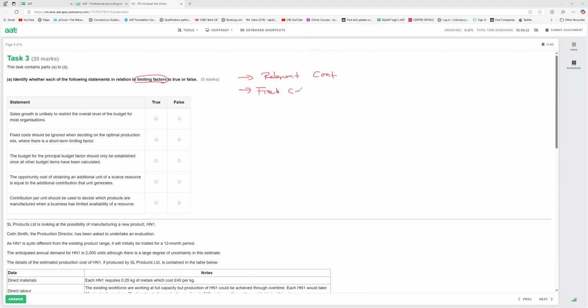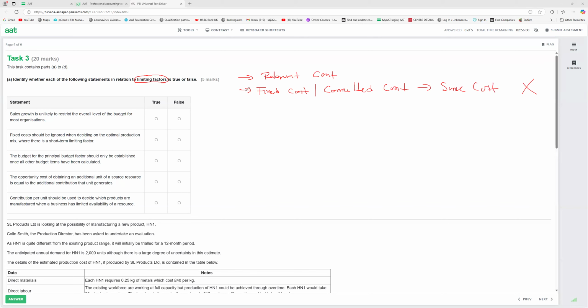If there is any fixed cost or committed cost, we call it sunk cost, and sunk cost we need to ignore. When we take a decision, we do not consider it, because this cost will happen anyway.